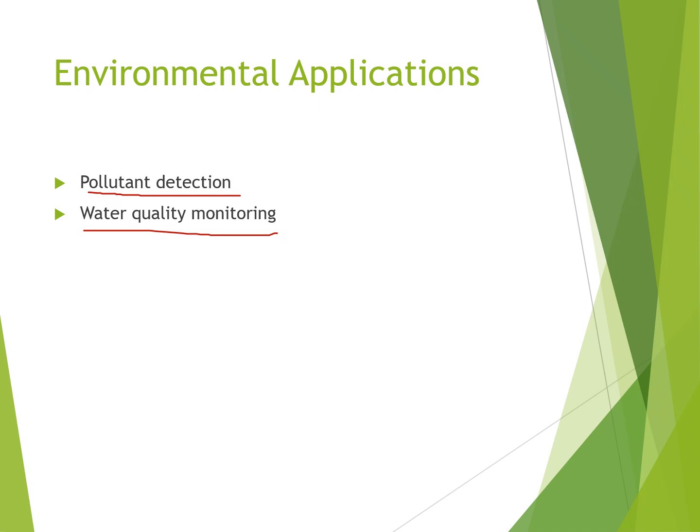We can check whether any impurity is present in trace amount. If any impurity is present in trace amount, that can be detected by fluorescence spectroscopy, as it is a very powerful tool while studying different pollutants and different water quality parameters.